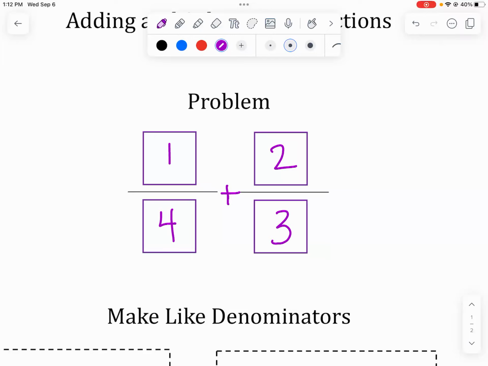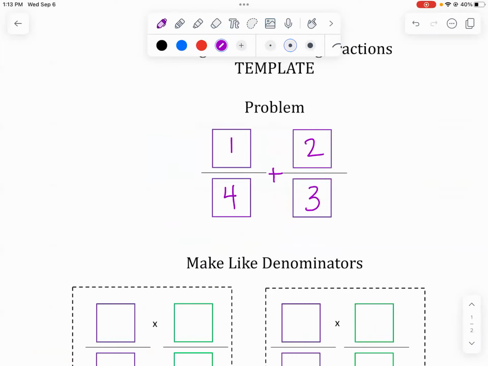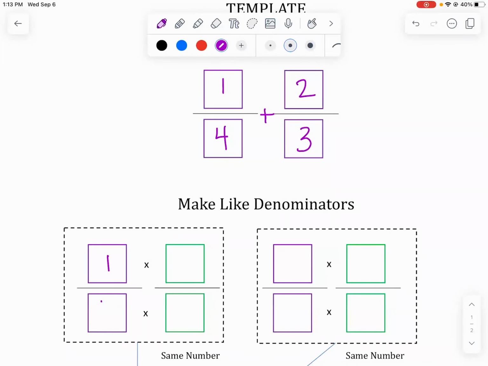Okay, so what we need to do is multiply both fractions by a number. But can I just multiply by 5, multiply by 3? No, we have to multiply essentially by 1, because multiplying by 1 means we're not changing the value. Okay, so what we're going to do is bring down this 1/4 plus 2/3. Go ahead and write those in the purple boxes.